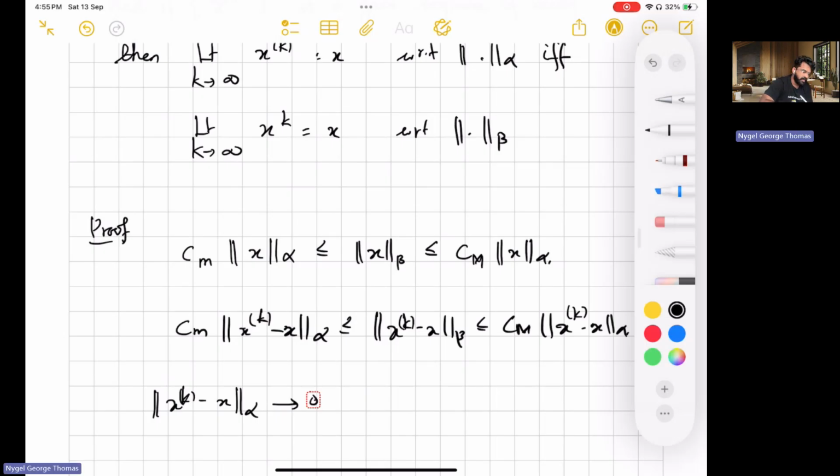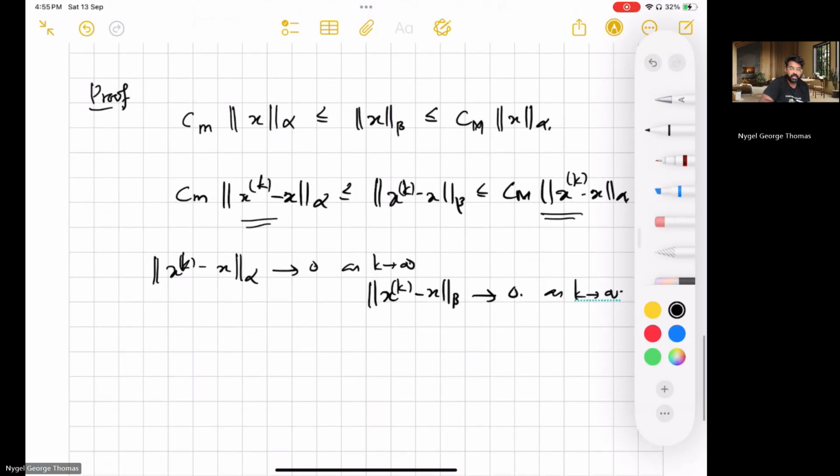As a consequence, this side and this side are both tending to 0. The middle is sandwiched between them. If the left side and right side of the inequality are tending to 0, then the middle value should always tend to 0. So the norm of xk minus x beta should also tend to 0 as k tends to infinity. So it doesn't matter which norm you're using. Okay, let's stop this discussion here.